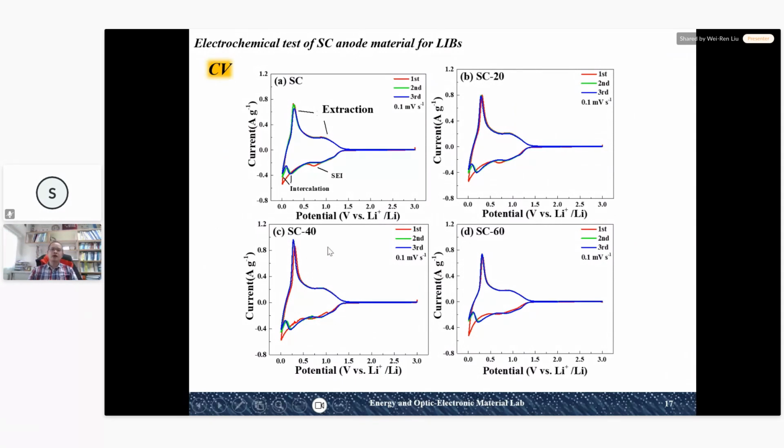It means that after the plasma treatment, it could facilitate the kinetics during lithium intercalation and extraction. But if we use more than 16 times, maybe it's too long and the surface will be damaged. So the current density reduced a lot compared to the 40.